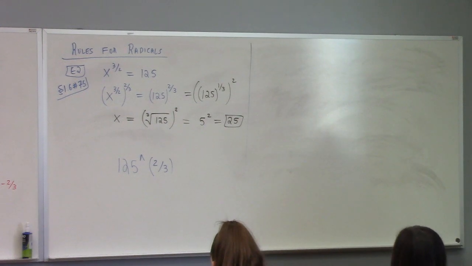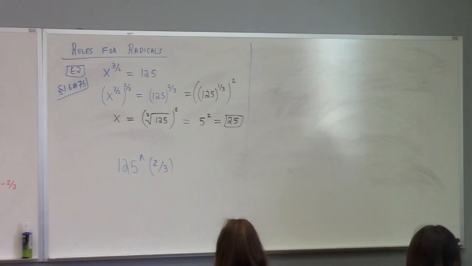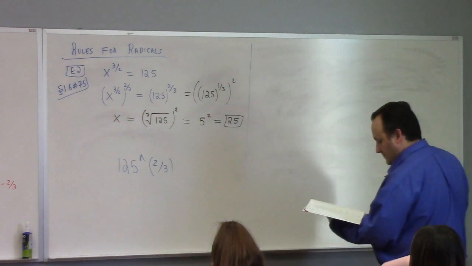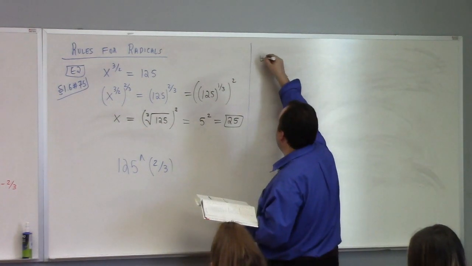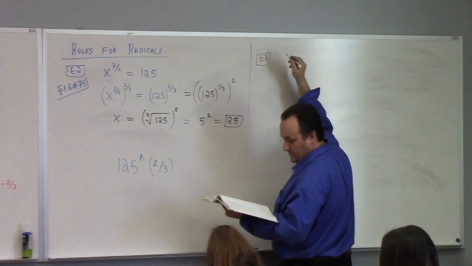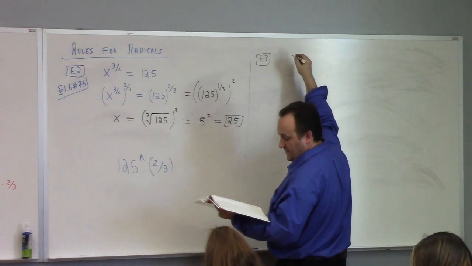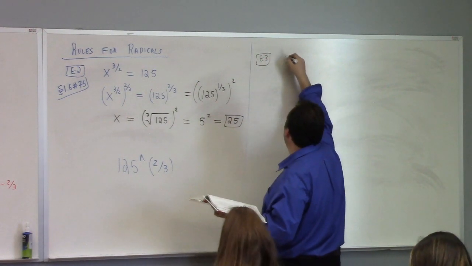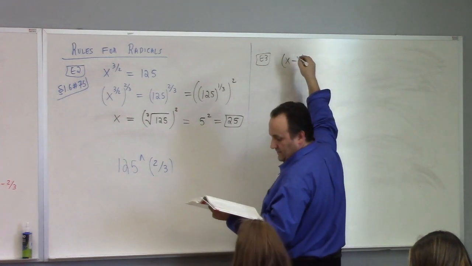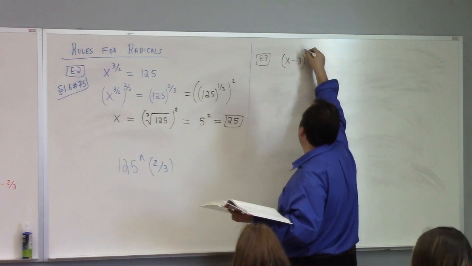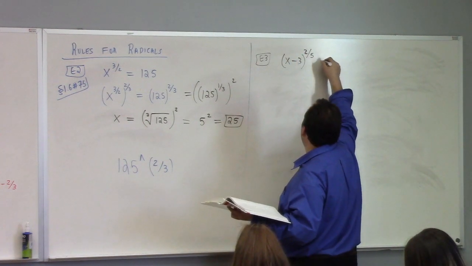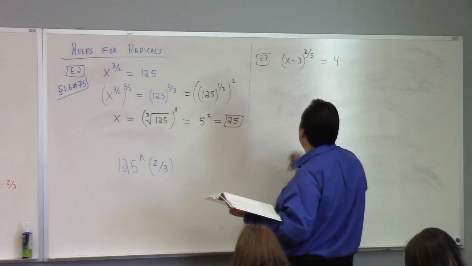Let's see here. So how about this one? Example 3. What if you were up against x minus 3 raised to the 2/5 power equals 4? Could you solve this one?